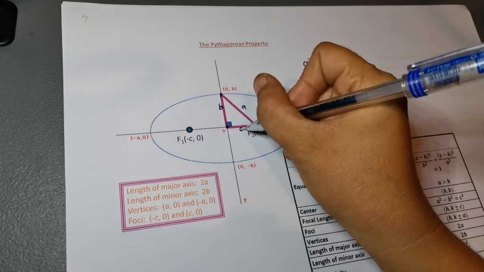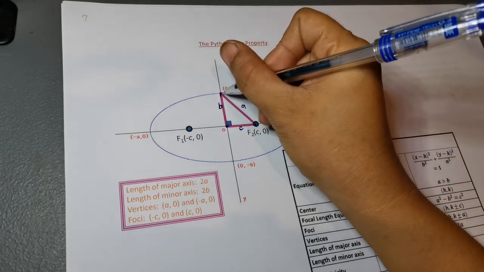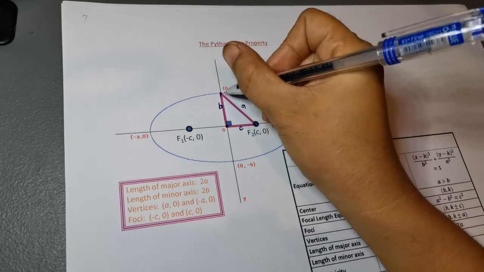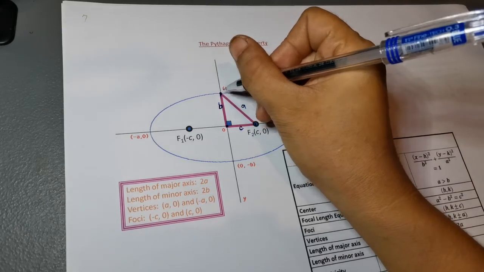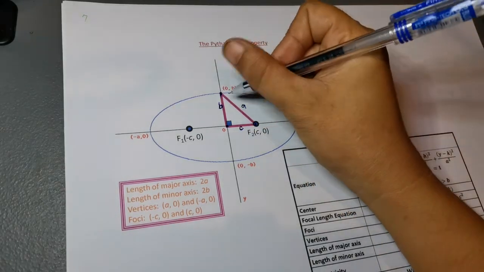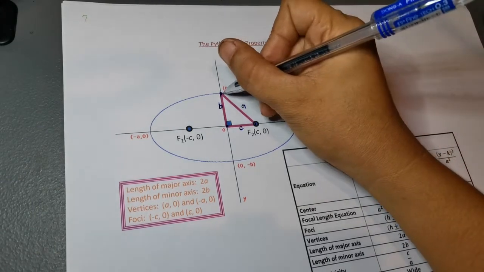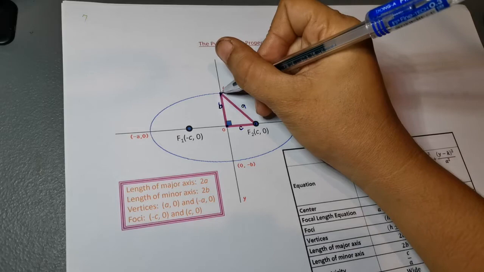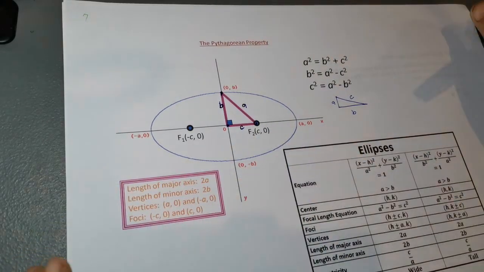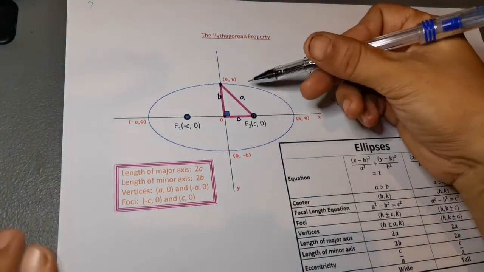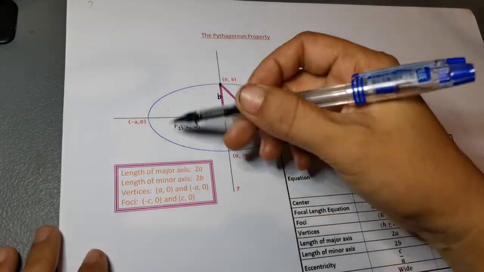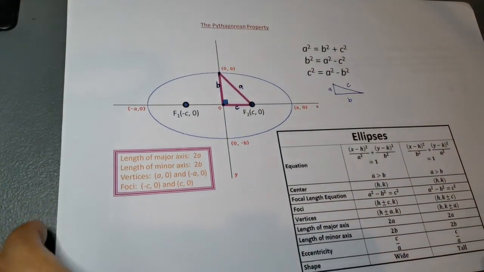So that is our C. And then our B refers to the distance from the center to our co-vertex, and our A refers to the distance from our focus to our co-vertex. Ayan. So, wag malilito ha. This is a special property for or of Pythagorean for ellipse only. Ayan. Okay?